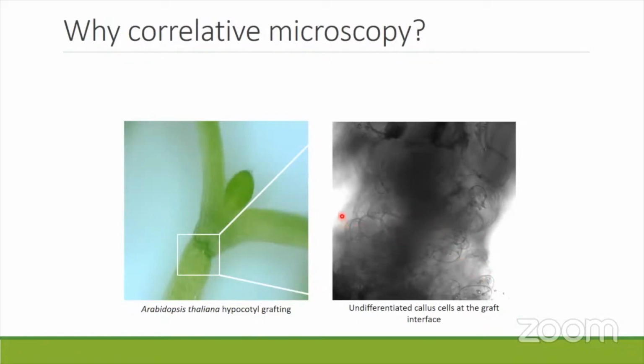As I was interested in the ultrastructural events ongoing at the graft interface, I had to implement correlative microscopy to target those events and access the ultrastructure. So the first step is to find the graft interface, because where exactly is the graft interface in this bunch of cells?